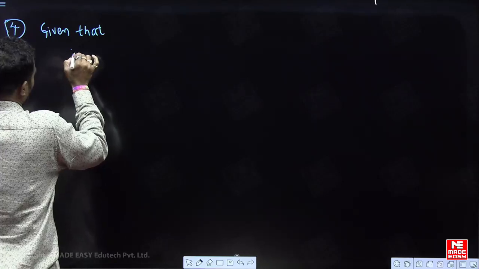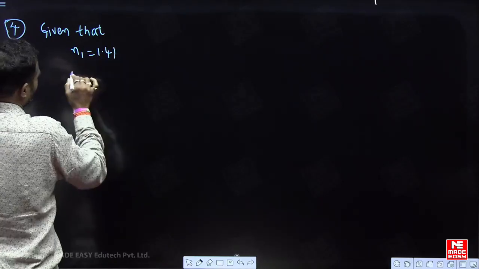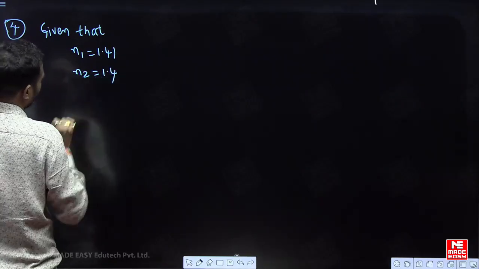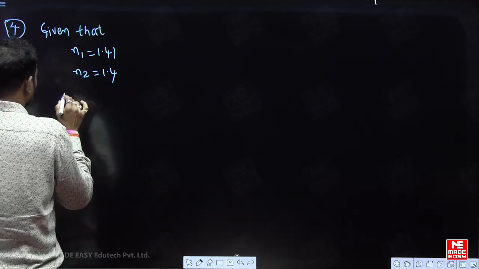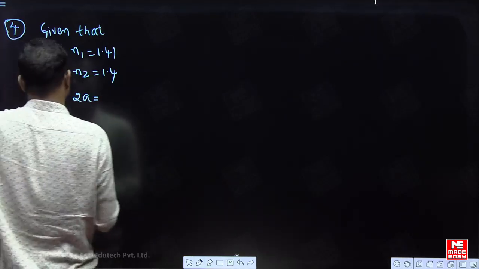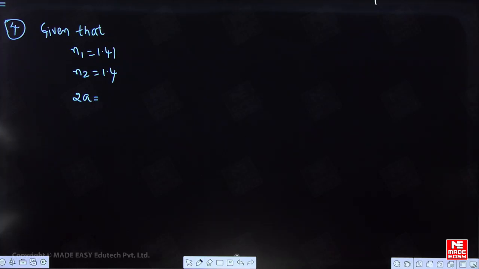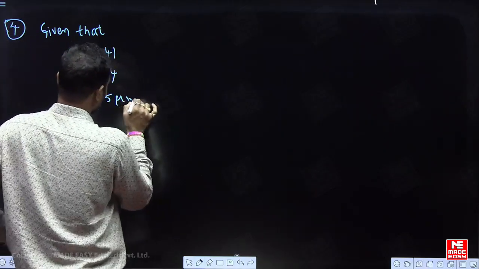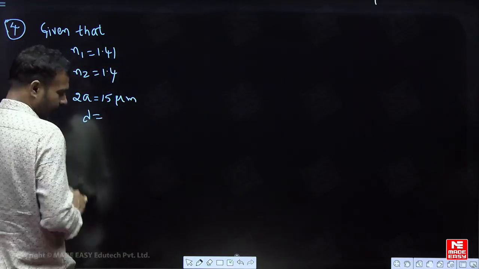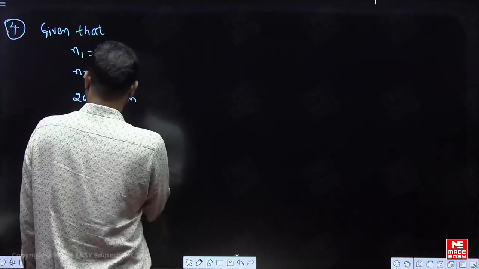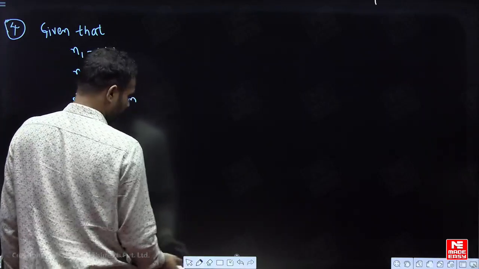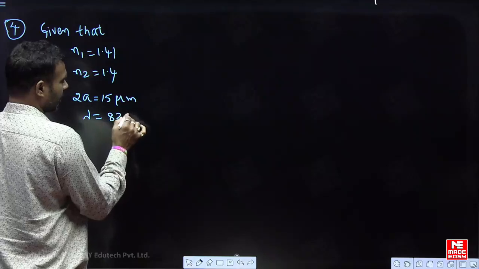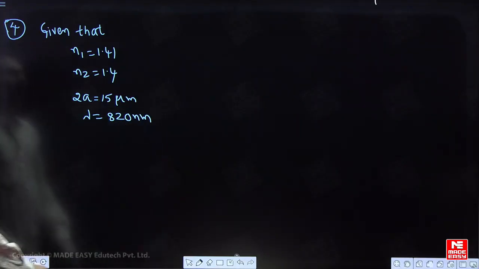N1 is given 1.41, N2 is given 1.4, diameter of the core is given, 2a is 15 micrometers, and operating wavelength lambda is given, 820 nanometers.